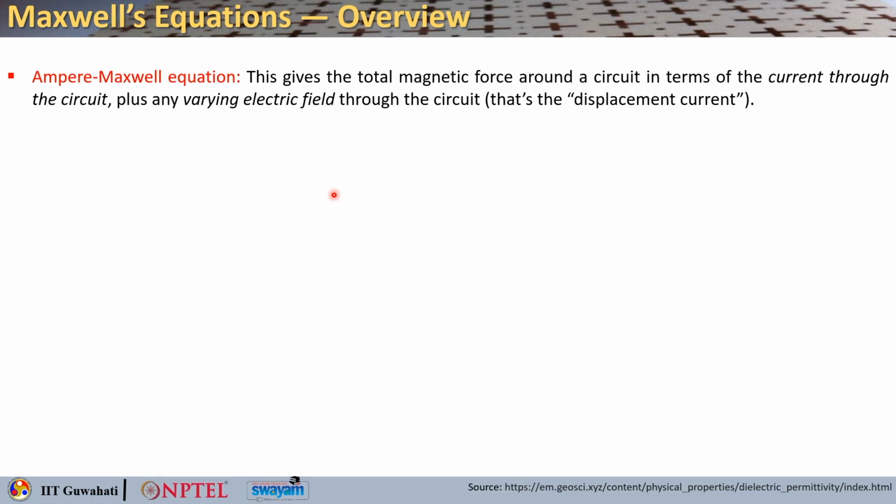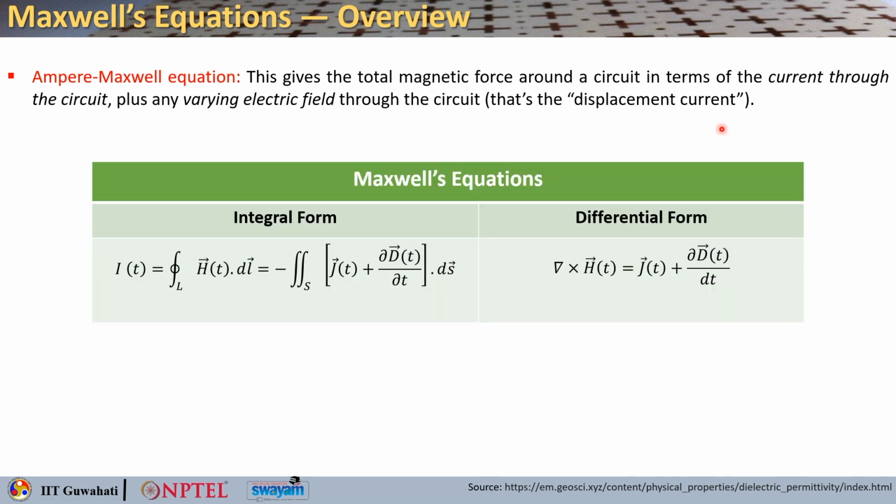And the fourth law, Ampere-Maxwell's equation, gives the total magnetic force around a circuit in terms of the current through the circuit plus any varying electric field through that particular circuit, which is also called the displacement current.